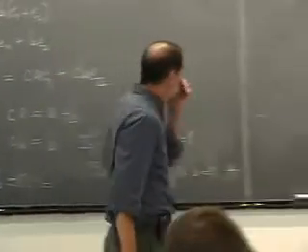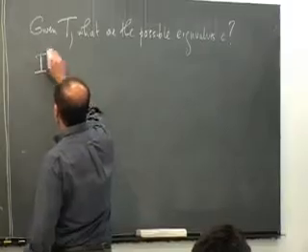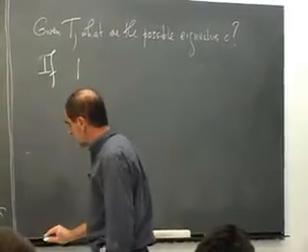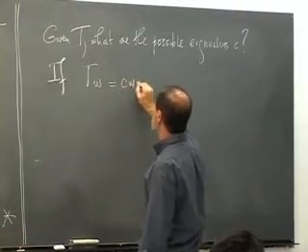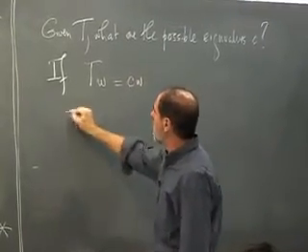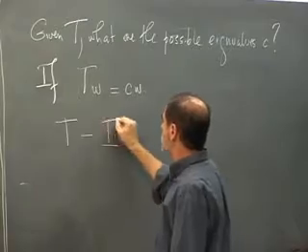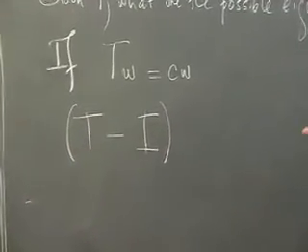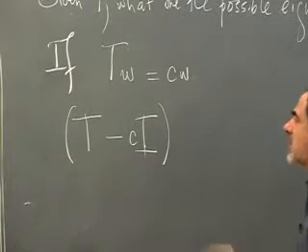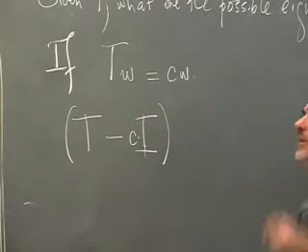So the way you think of this is, if T of W is equal to C times W, and you consider the new operator T minus C times the identity operator. The identity operator takes every vector to itself. And you multiply the identity by the constant C, so that takes any vector to C times itself.